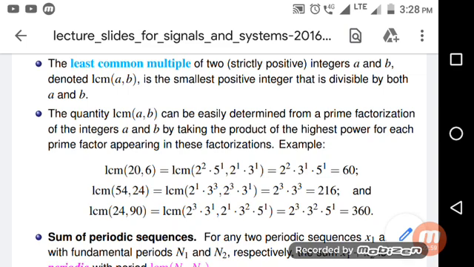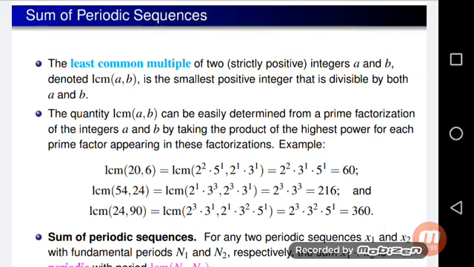So these are the different techniques which are used for sums of periodic sequences.